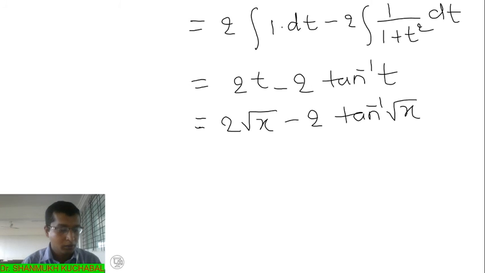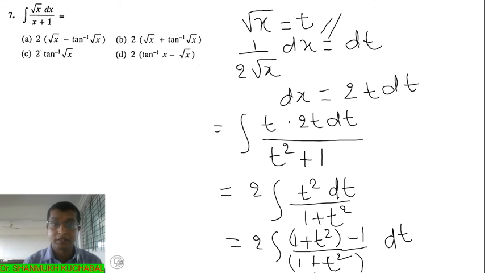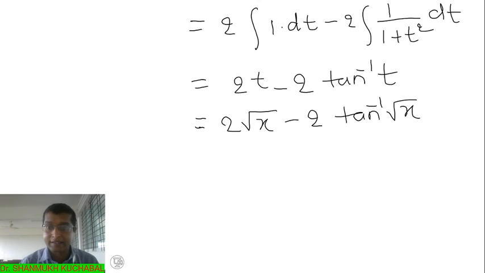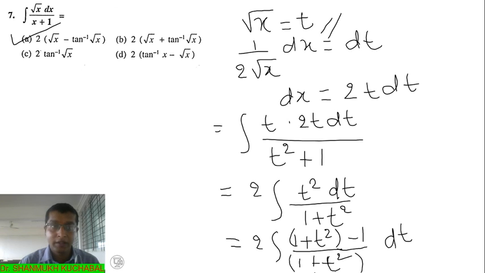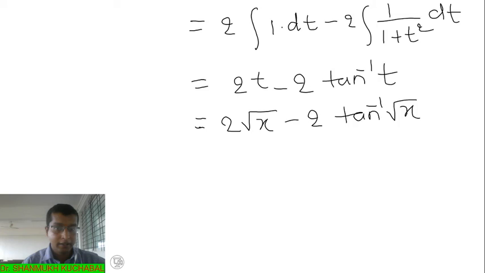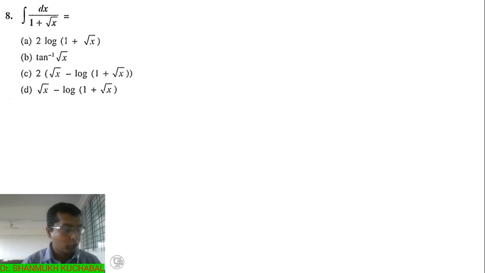So the answer is 2 root x minus 2 tan inverse root x. Therefore, taking 2 common, option A is the right answer. You can see here, taking 2 common, we get that option A is the right answer. Okay, further we'll move to example number 8.